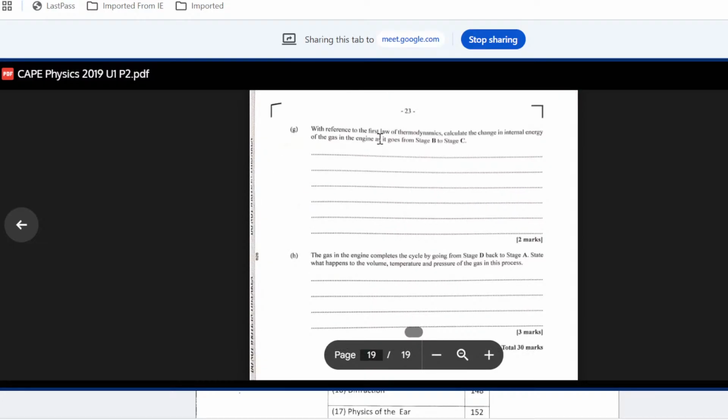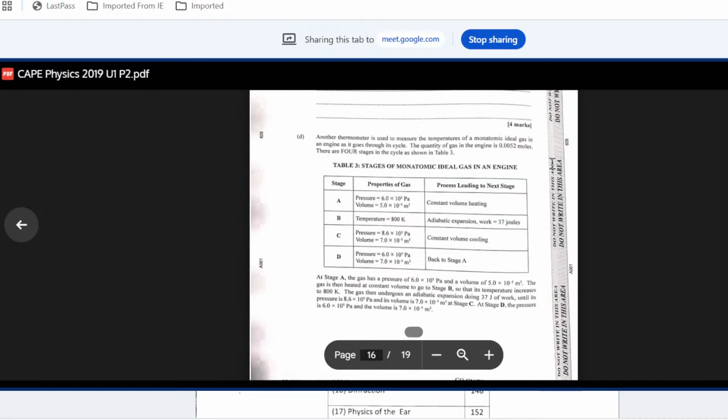Alright, so with reference to the first law of thermodynamics, calculate the change in internal energy of the gas in the engine as it goes from stage B to stage C. So stage B. So I had said something about the adiabatic thing again.